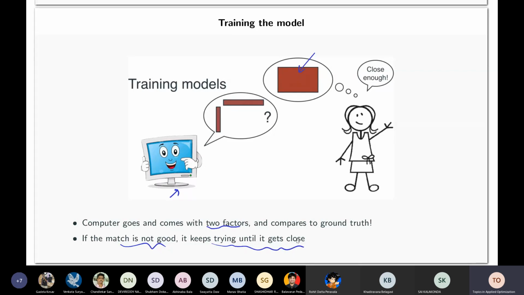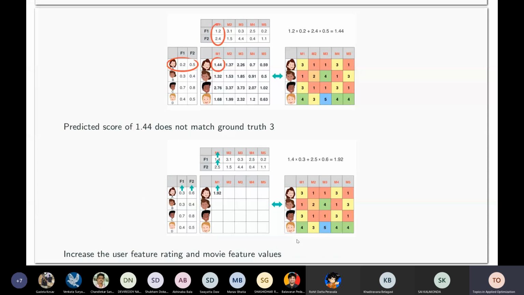So that's one very trivial possibility. What can happen is it can start with some initial random matrices.